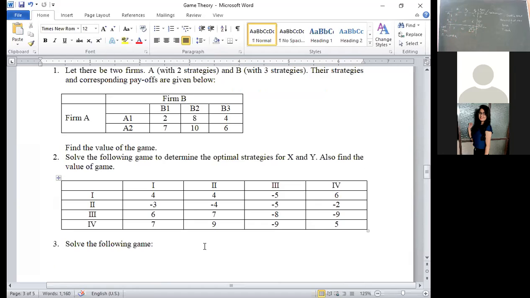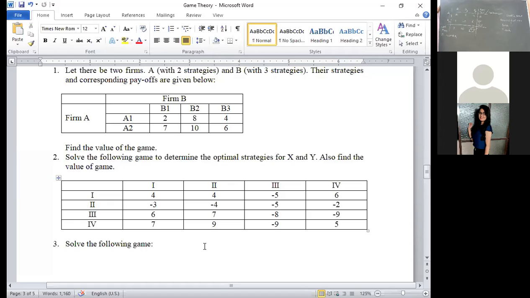Go through the second problem and tell me, saddle point exists or not? Tell me the answer for second bit.